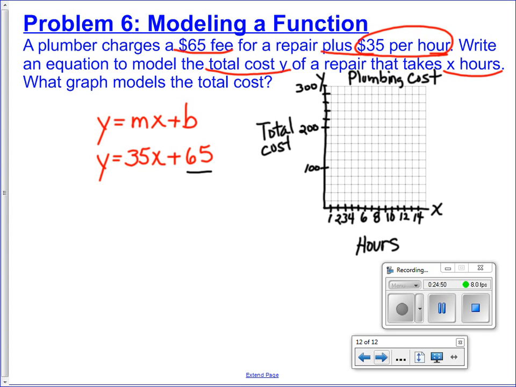Now, we know that we're going to start at the y-intercept of 65. So let's see, 20, 40, 60. 65 is going to be right above the 60 line. And then we're going to go up 35 at a time.